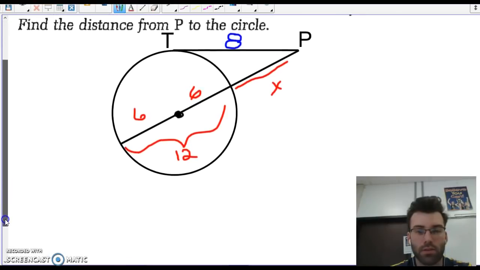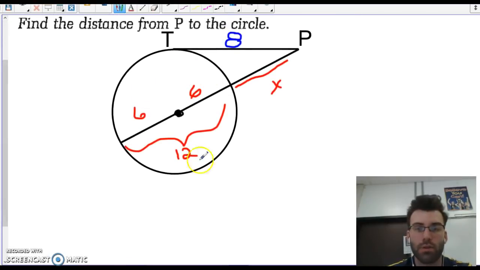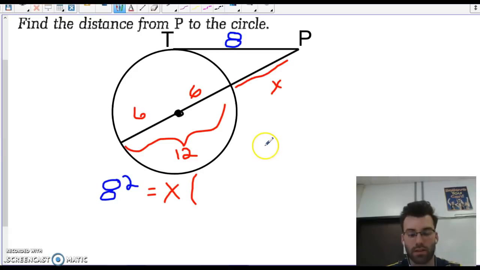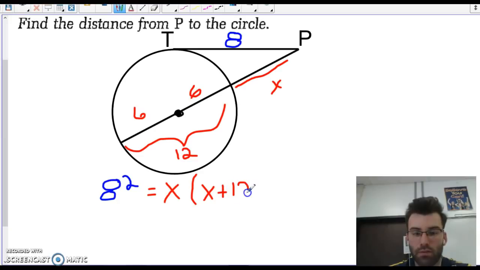So 8 squared equals the outer part of our secant, which is X, times the entire secant segment, X plus 12.